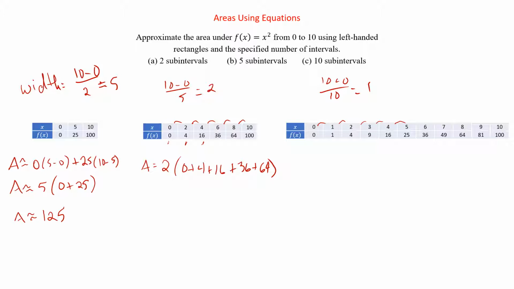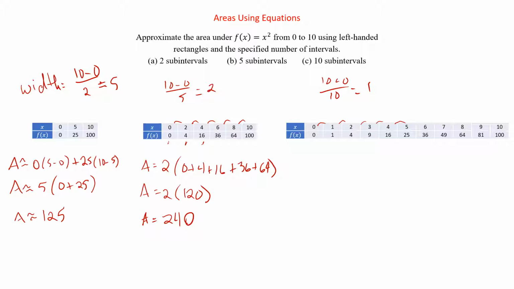We can add together the inside there. 64 and 36 is 100, plus another 20. So we're going to have 2 times 120, which is about 240. That's a big difference from our first one. We'll see why in just a second.